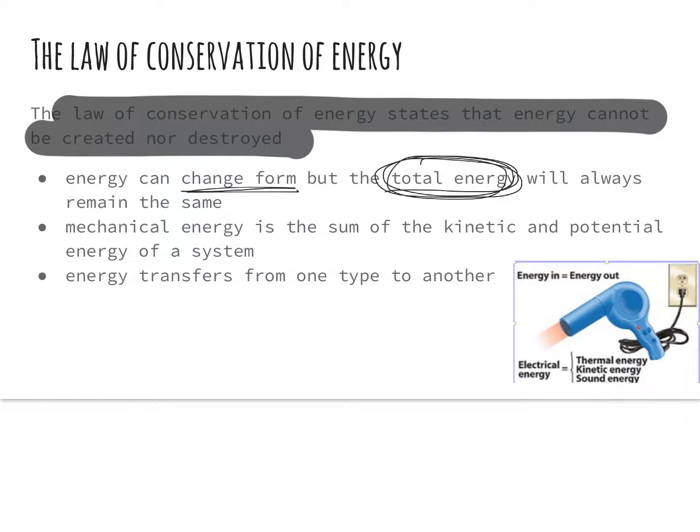So this is where we're going to have transformations from one type of energy to another. That mechanical energy is what's going to come into play. We're going to do a lot of this, transferring between kinetic and potential energy and seeing how it transfers at different parts of the object and where it is.